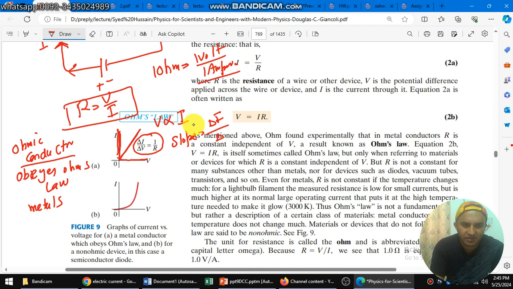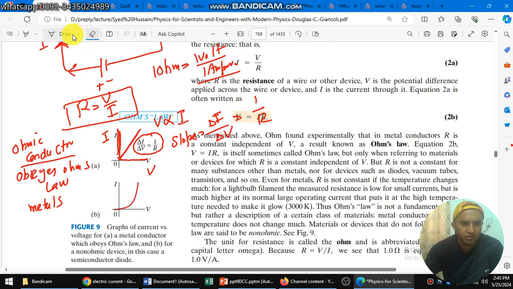Along the y-axis we have the current, along the x-axis we have the voltage, so I over V gives us 1 over R.